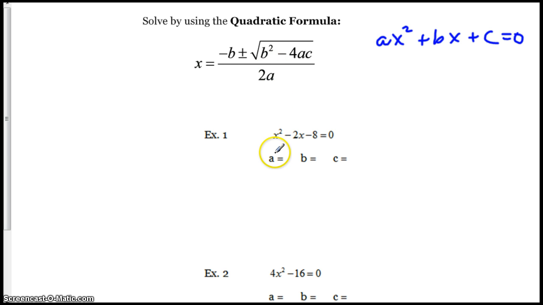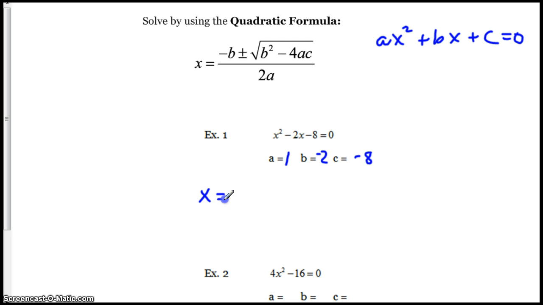So in our example 1, our a here, the number in front of the x squared, is a 1. Our b here, the number in front of the x term, is a -2. And our c is the constant, and that would be -8. So that's always our first step. Write out a, b, and c. Now we're going to substitute those three into our quadratic formula.